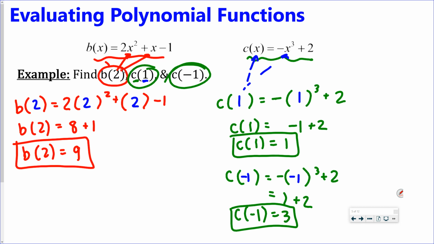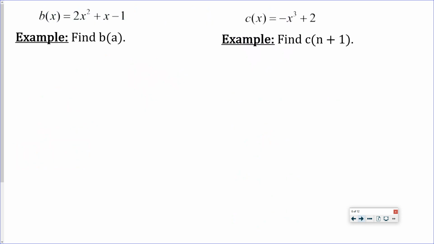Yeah, good question. All right, it's going to get a little bit harder. I'm going to start throwing in variables instead of numbers. Same functions here, b and c, but this says find b of a. It's not b times a, find b of a. So all that means, same idea, folks.